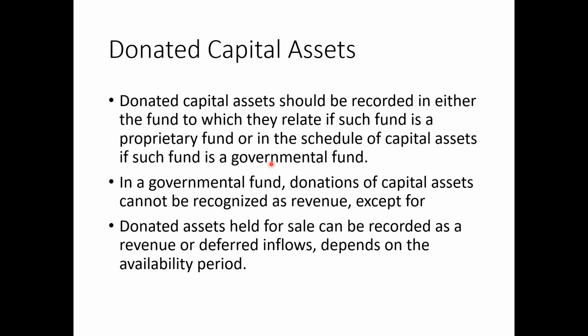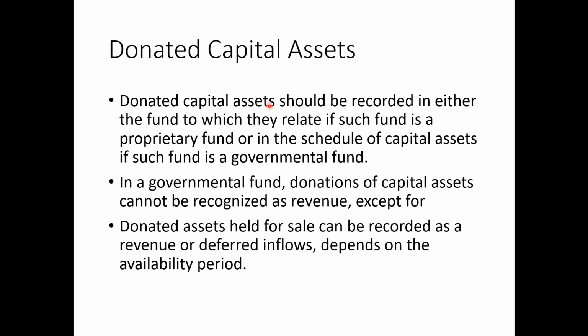But for the governmental fund, we do not recognize long-term assets. All the long-term assets will be shown as expenditure if we purchase. And in this case, if we receive them, again, we do not show long-term assets in those funds.